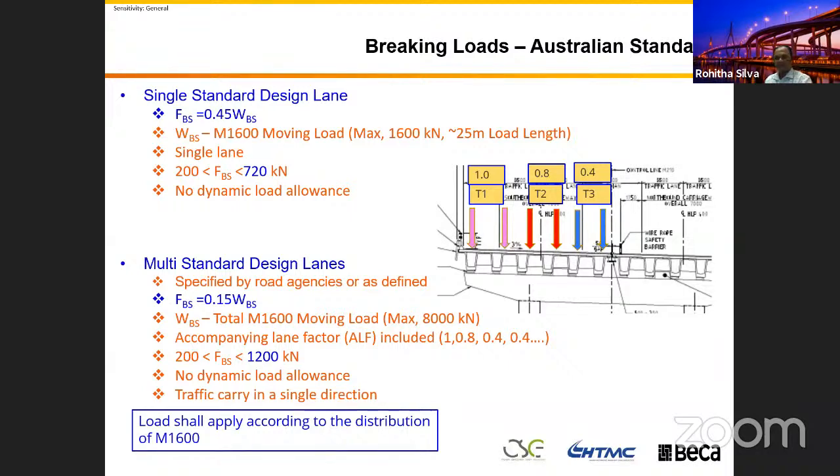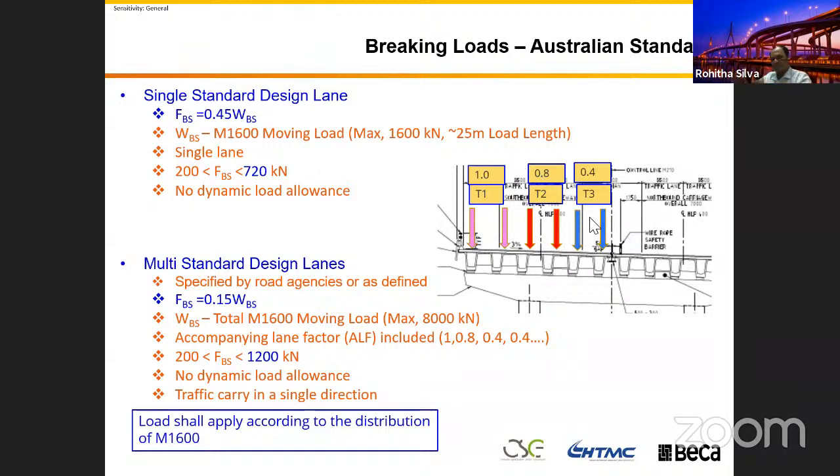It's significantly large. Then they say to get the total weight of the traffic load. In getting the total weight, we take the contributions: first truck 100%, second one 80%, third one 40%.